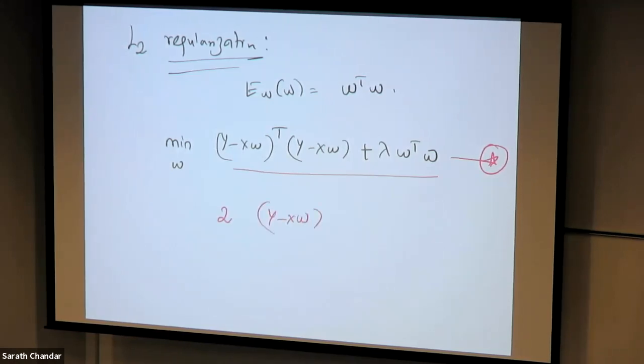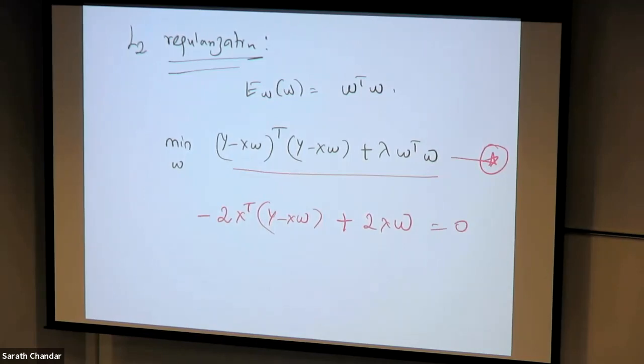When you differentiate Y minus XW with respect to W, you get X, so I put X transpose here, and there's a minus sign as well. Plus, this is W transpose W, W squared, so it's 2 times W. So 2 times lambda times W is equal to 0.